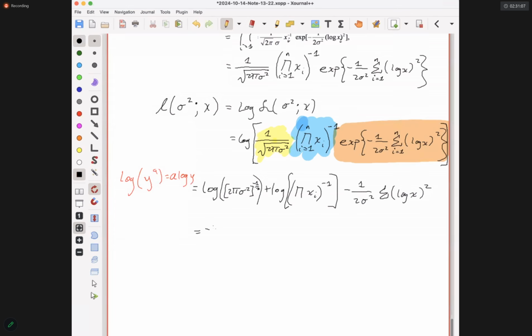And so this is going to be negative 1/2 log of 2 pi sigma squared.